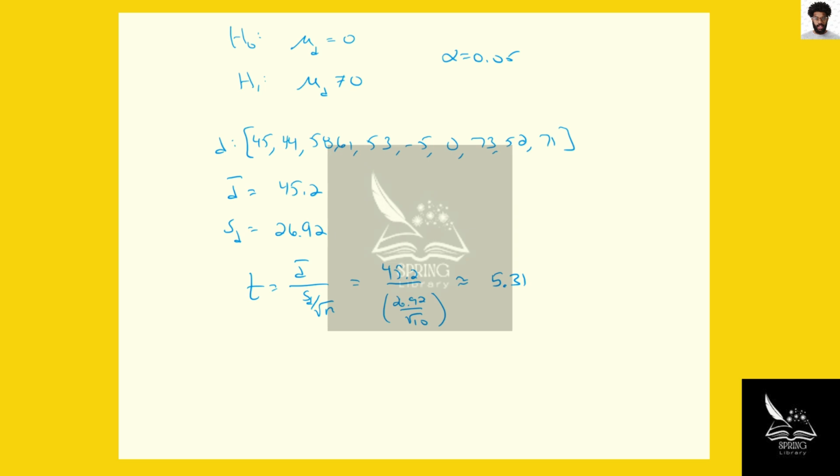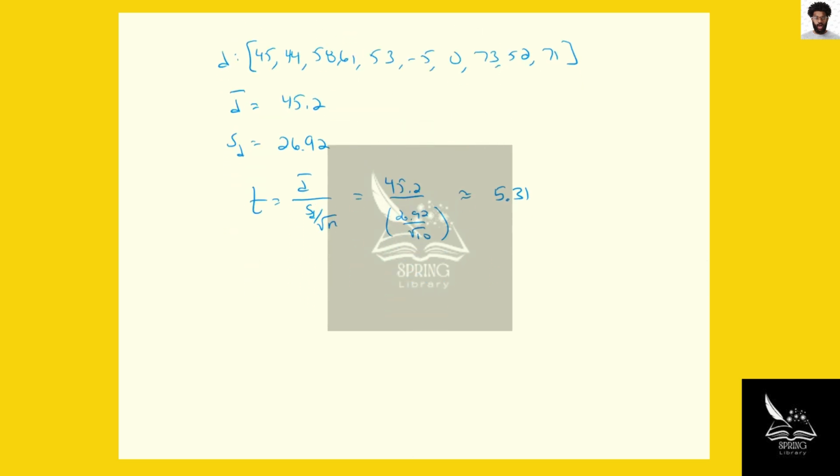And we compare this to the critical value. So we need a critical t-value, which would be, since this is a two-tailed test with 9 degrees of freedom, because that's 1 less than the sample size, from the student t table we can see that the critical value is 2.262.